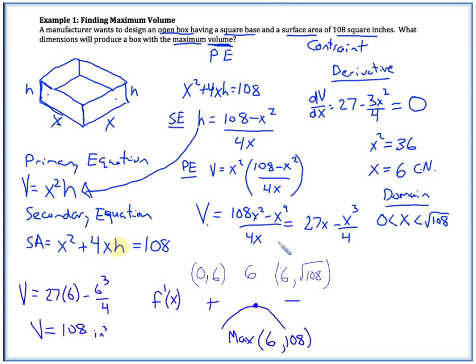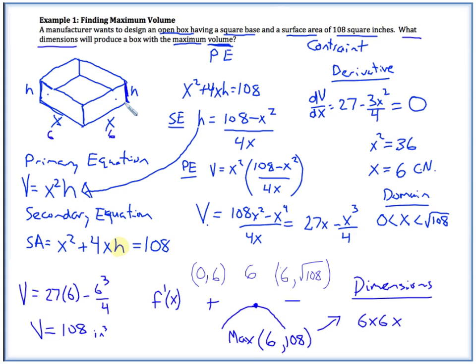Now the question was, what dimensions will produce a box with this maximum value? So now we need to come up with our actual dimensions of the box. Now we know x equals 6, so that means we had 6 here and 6 here. So we know it's a 6 by 6 by, well, what's the height?